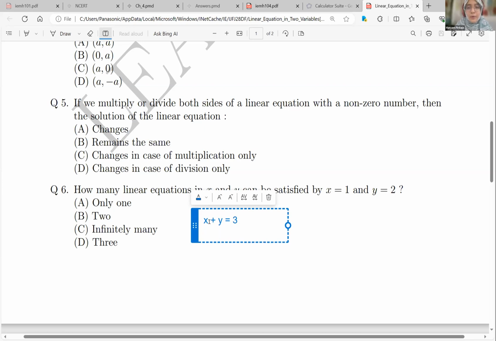Another example of a linear equation satisfied by this is x plus 2y equals 5. Like this, you can have infinitely many. You can just keep changing the coefficients of x and y and the constant term on the right hand side. Is this clear to everyone?